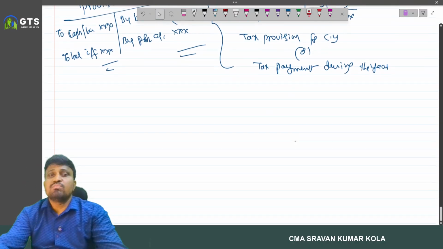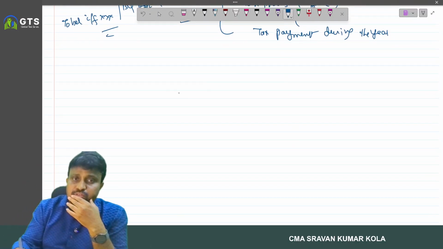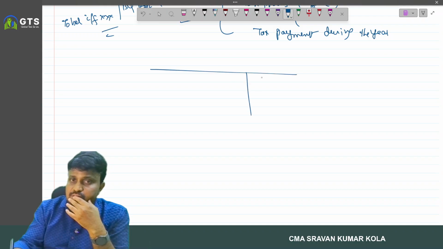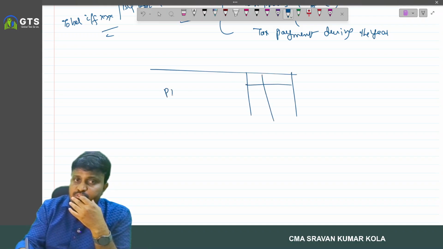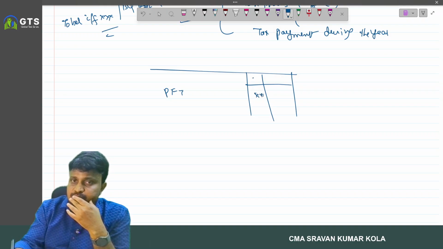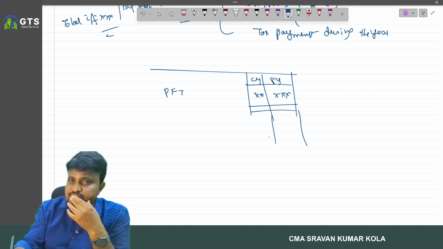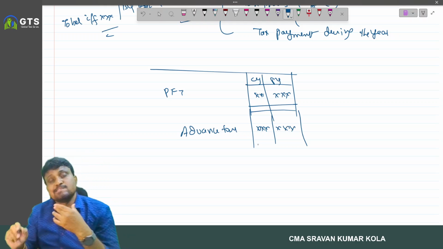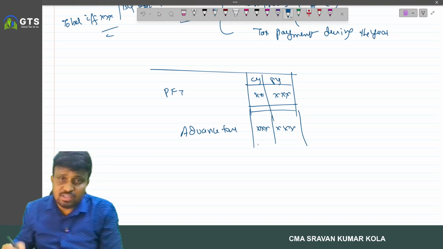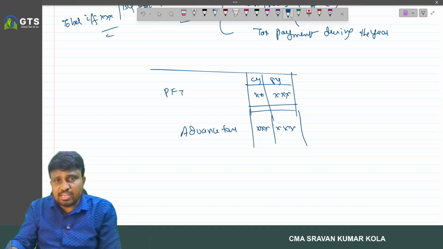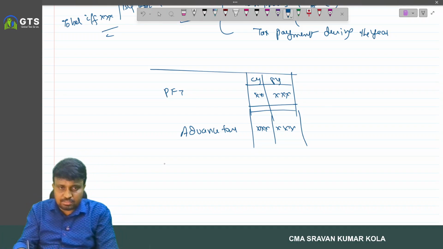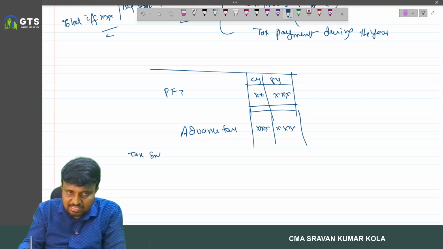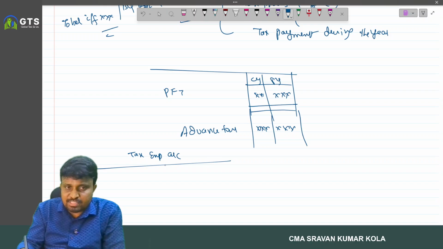And one more thing: we have provision for tax, current year and the previous year, on the liability side. On the asset side, we have the advance tax. In that case, you may prepare a single tax account, a tax expense account.